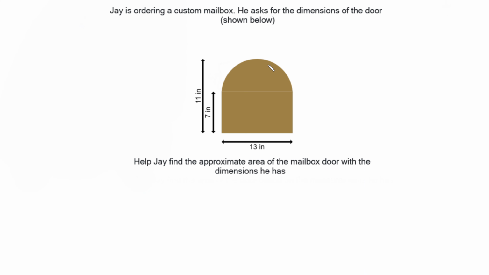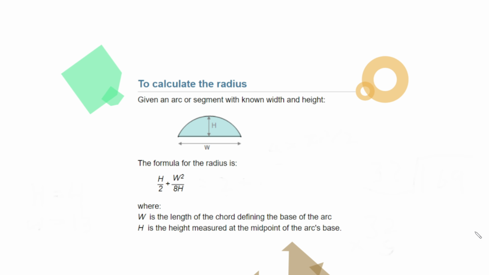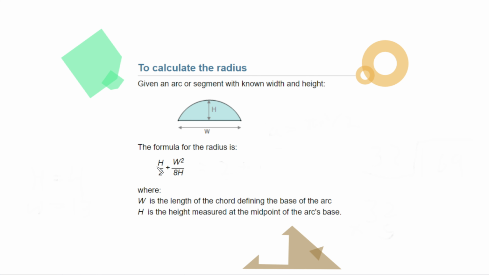Now we can just plug these values in. So h divided by 2 plus w squared divided by 8h. Let me write these down here. So our height and width. For h, I will do equals 4. And then width, I will do equals 13.